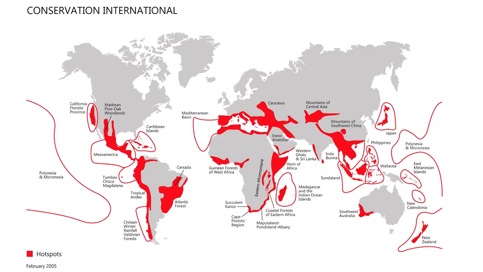Now, another thing is that places with a lot of endemic species, also with very rapid rates of extinction, we call hotspots. And you can see the map right here.